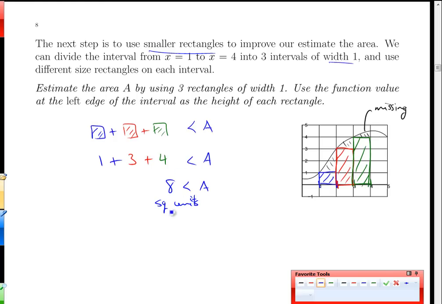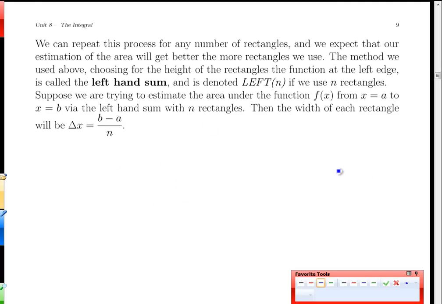Okay, well that's a much better, much more limiting lower bound on the area that we're considering here. So that's great. And I think we can see that this approach might get us a fair ways into improving our estimates. In particular, we can generalize this by using any number of rectangles, and we expect that the estimate of the area will get better with the more rectangles we use. The narrower they get, the less missing area there's going to be.